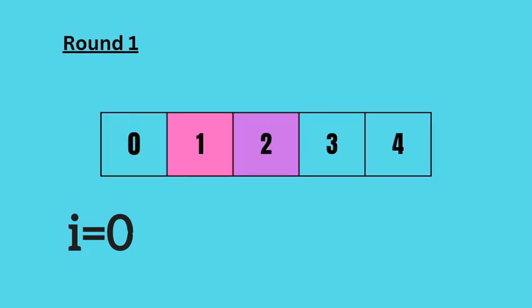Then we move on to j equals 1 where 1 and 2 are compared. Then j equals 2 where 2 and 3 are compared. Then j equals 3 where 3 and 4 are compared.